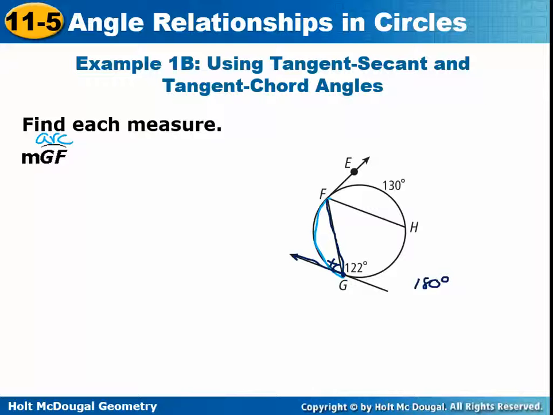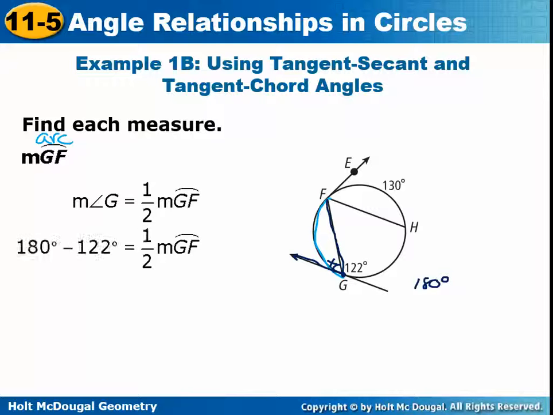Therefore you can find that angle by taking 180 minus 122, and then you'll find the measure of angle G, which is 58. So you find that, and then you can proceed with the theorem, which says that that angle 58 will be half of the measure of its intercepted arc. But then wait a minute, what is its arc? We don't know because we have here no measurement.